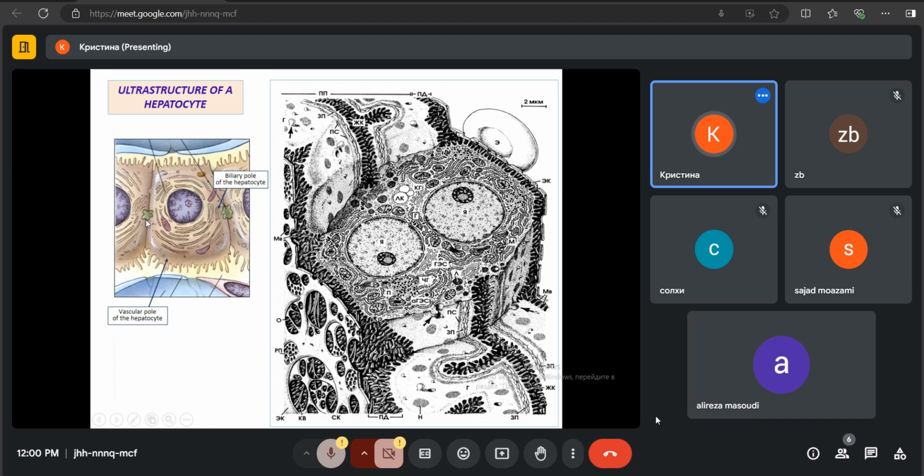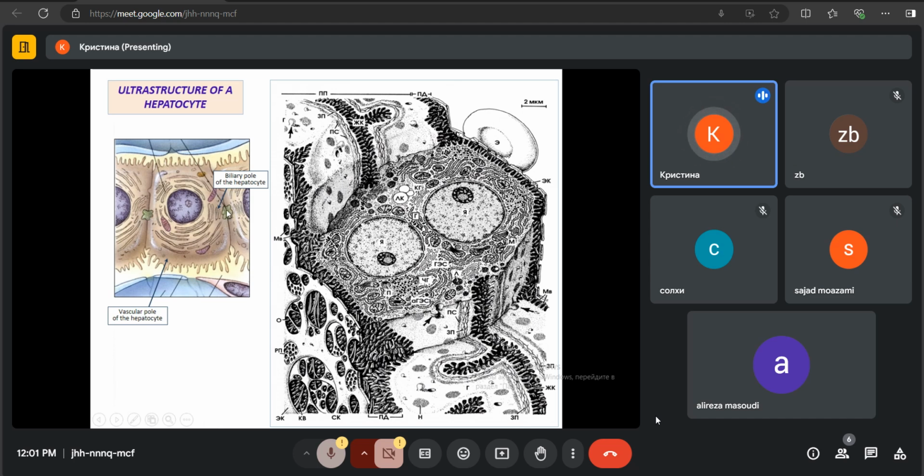And also the hepatocyte has the so-called biliary pole. One of the major functions of the liver and of hepatocytes is to produce bile, which is released into very tiny, very small capillaries, biliary capillaries.